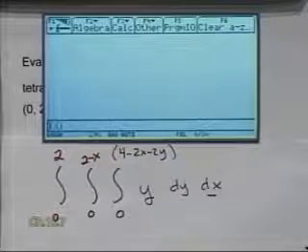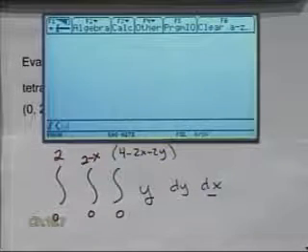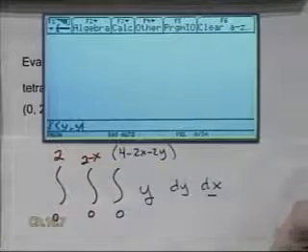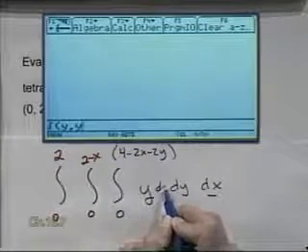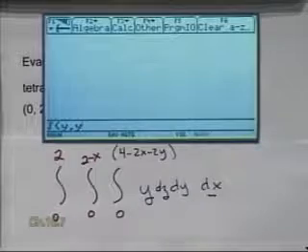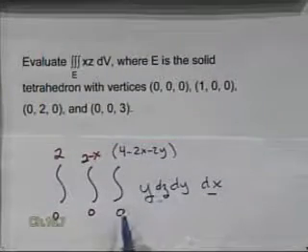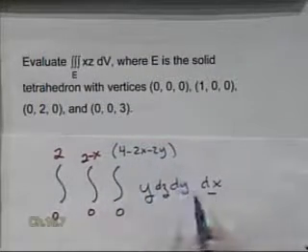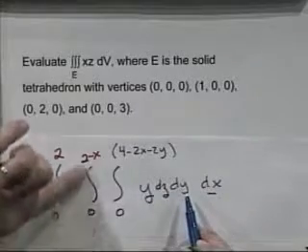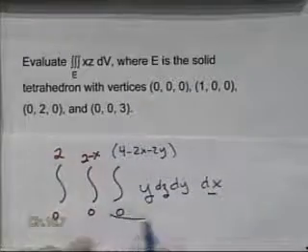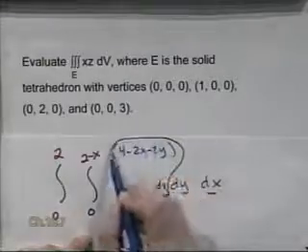Let's do integral again. Integral. There you go. Of y as y. Oh, I forgot my dz here. Right, because we were integrating as z ranged from 0 to 4 minus 2x minus 2y, and then y went from 0 to 2 minus x, and x went from 0 to 2. So this is the integral I'm going to be doing first.